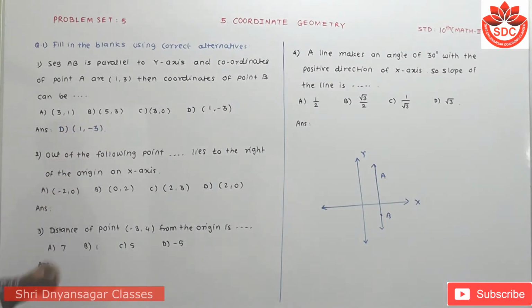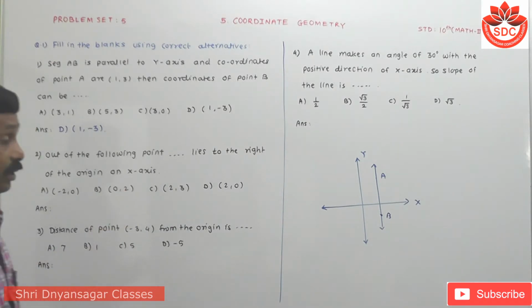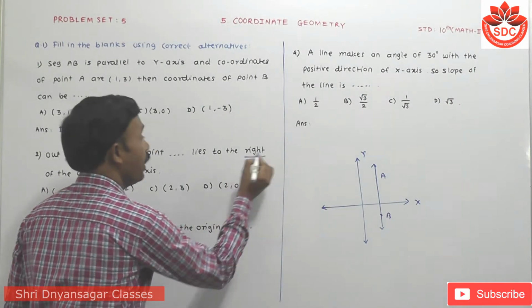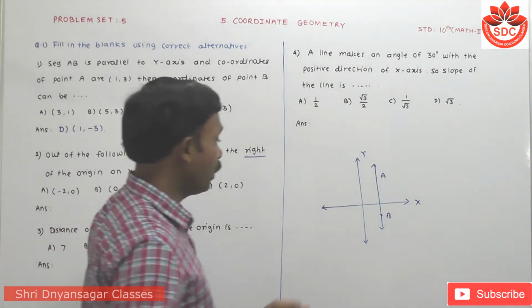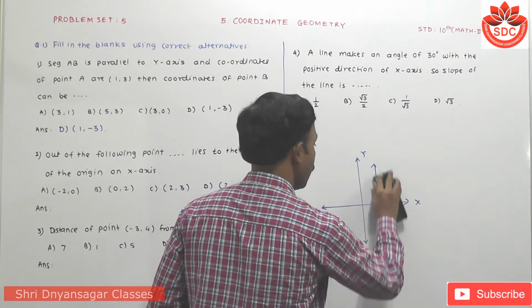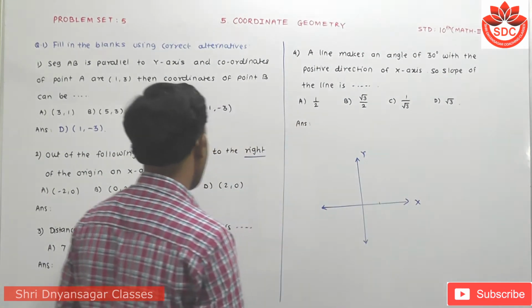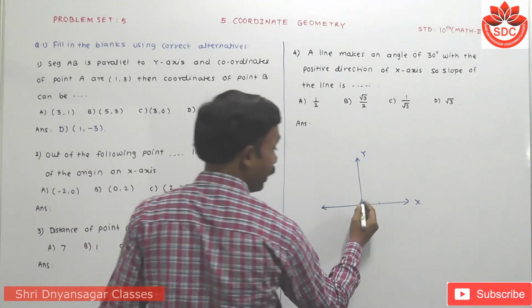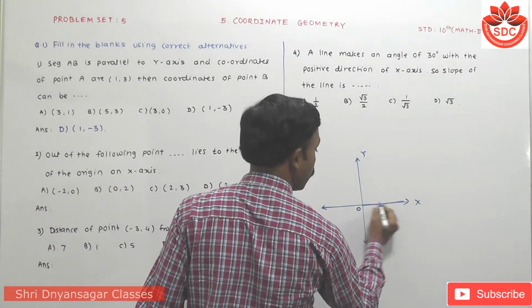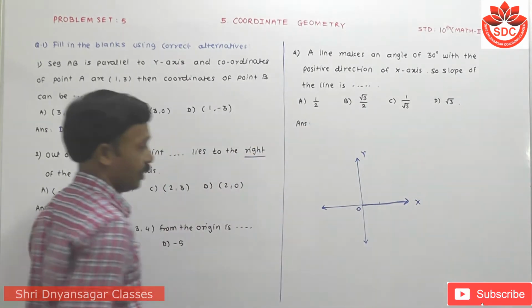Okay, the second one: out of the following points, which point lies to the right of the origin on the x-axis? Suppose I draw the x and y-axis here. This is the origin. To the right-hand side means on the x-axis.